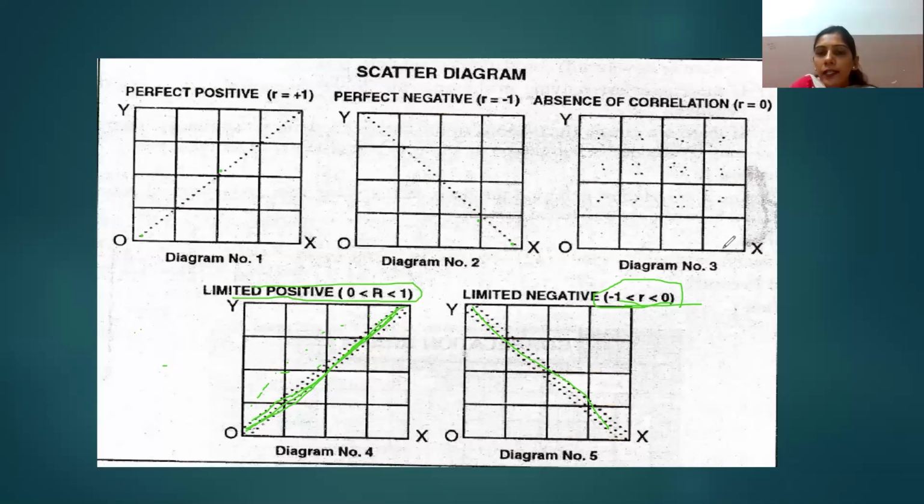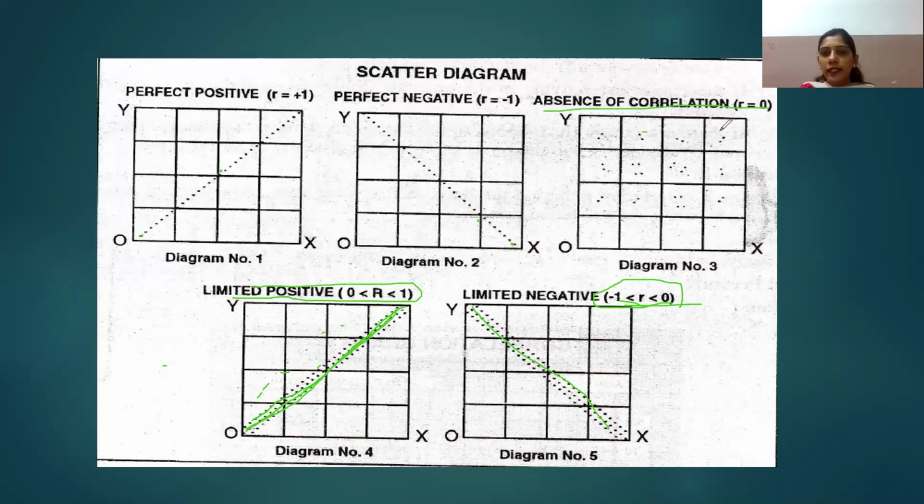And the last one is absence of correlation. In the case of absence of correlation, when we plot dots on a graph, it does not show any specific pattern. So the dots which are plotted on a graph all are scattered.